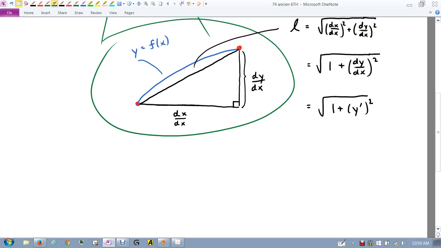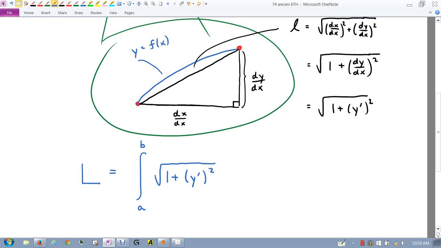This is a very loose interpretation of what's going on, but you can kind of see where the formula is coming from. So capital L, that's the length of the whole thing, will be the integral from a to b of all of these little guys added up. You can do y prime in here. You can do f prime of x. Doesn't matter. Now, we need a differential, though.